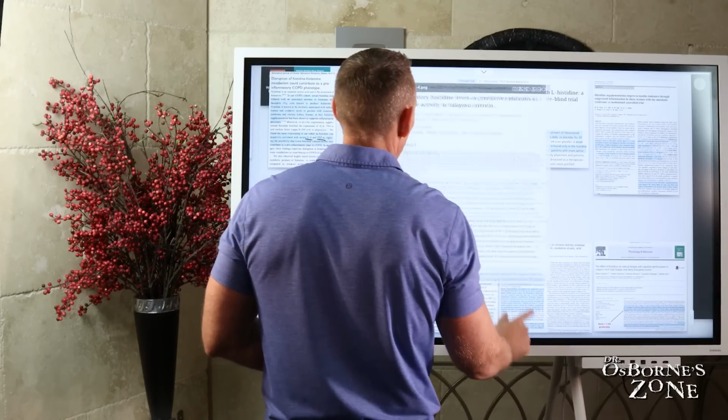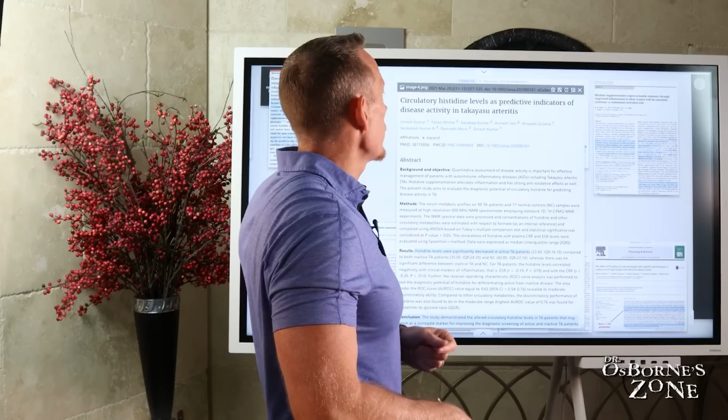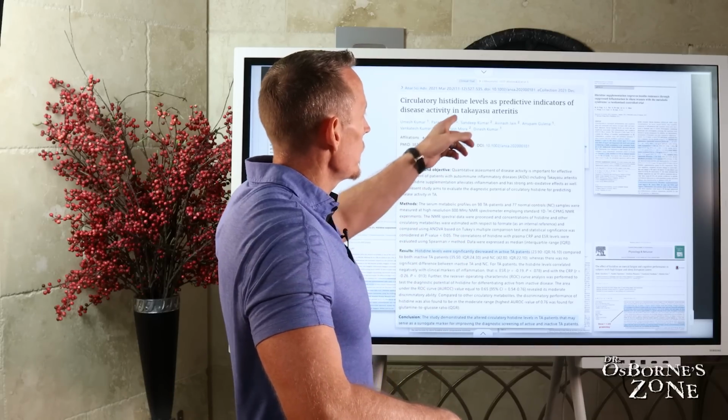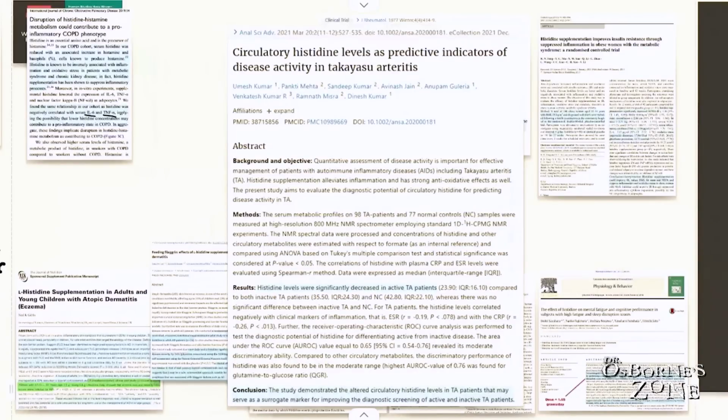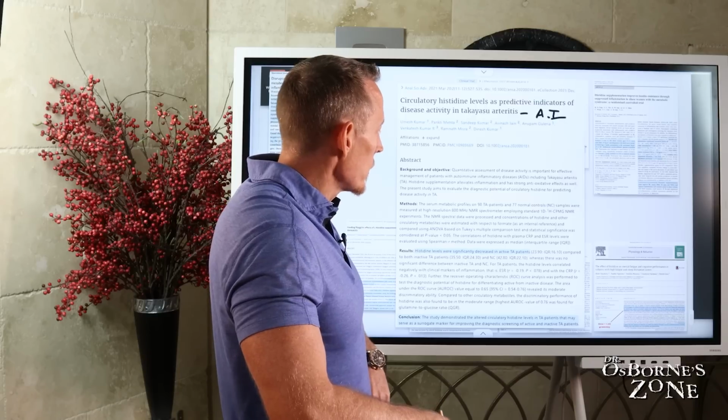Here's another study on histidine levels as predictive indicators of disease activity in a condition called Takayasu arthritis. Now, this is an autoimmune inflammation of the arteries, and it can be very, very problematic for people suffering with it. So histidine levels were significantly decreased in active Takayasu arthritis patients.